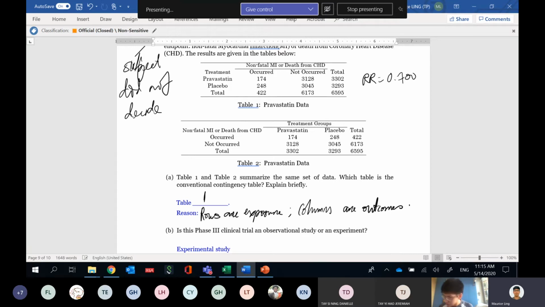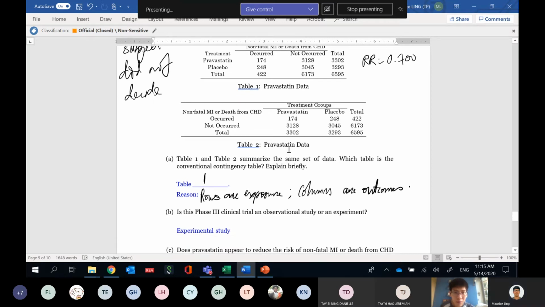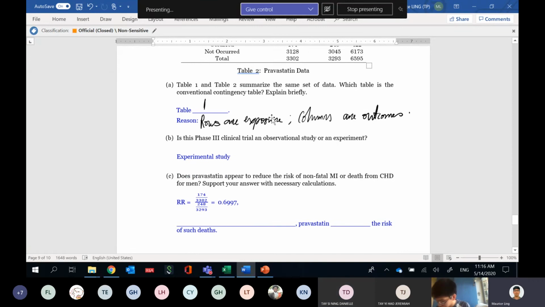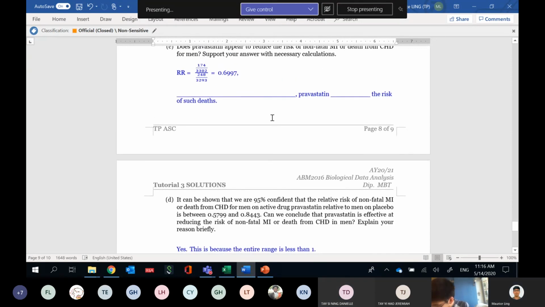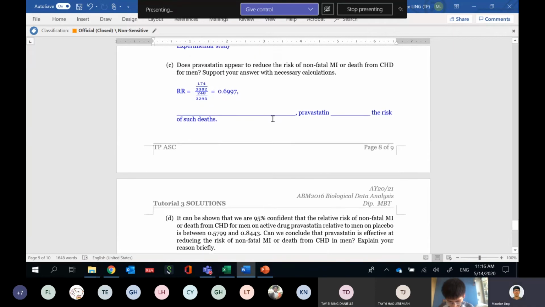So in this case, does the treatment, pervastatin, actually reduce the risk or not? Yes, it reduces the risk, correct? Now, it has been shown that we are 95% confident that the relative risk is between about 0.58 and 0.84.